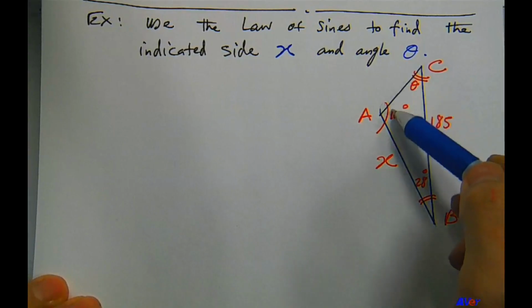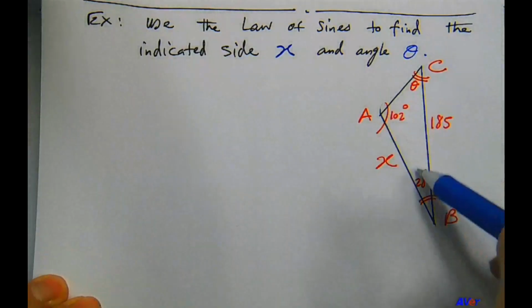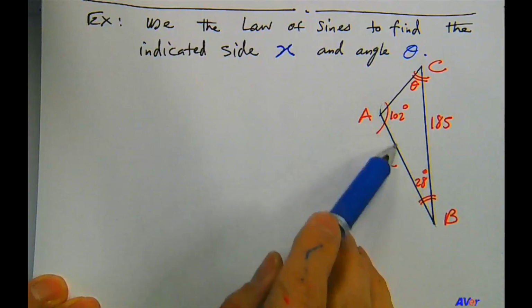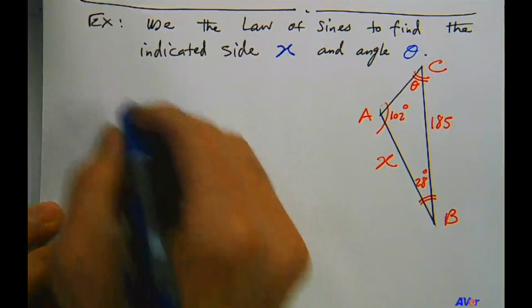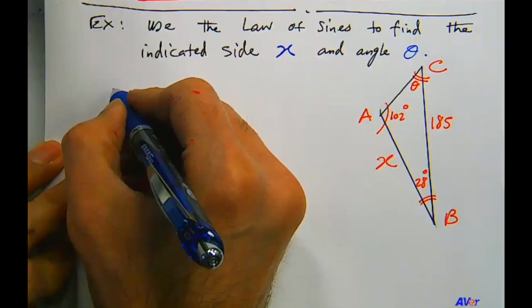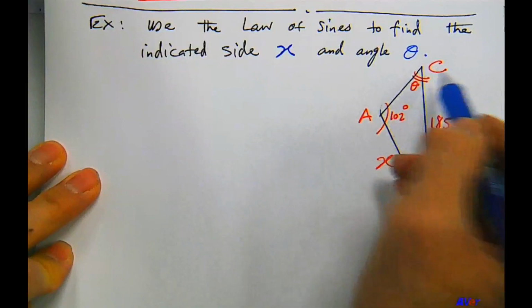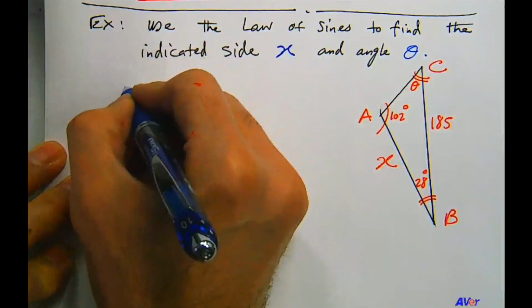Okay, so theta is easy to find, right? Because the summation of all the angles inside any triangle should be 180 degrees. So we can add these two angles and subtract from 180. And that's angle theta, or angle C, I guess we can call it.